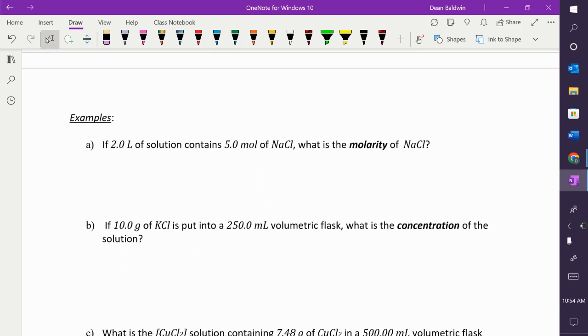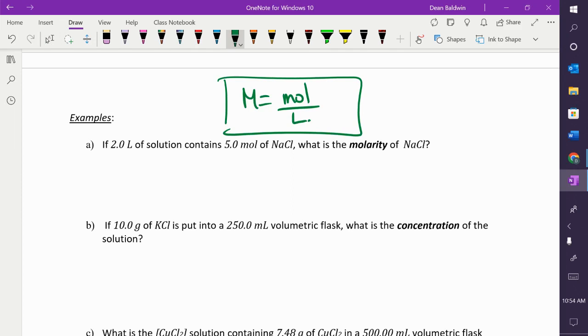Here we go. So remember, capital M, this is your formula, is moles per liter. I'll write it on the board, but this is what we're going to use. And we're going to manipulate this. So, all right. A 2-liter solution contains 5 moles of NaCl. What is the molarity of NaCl?